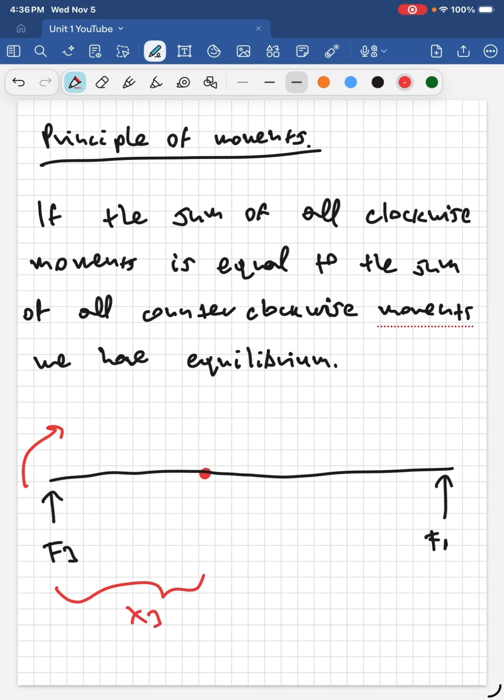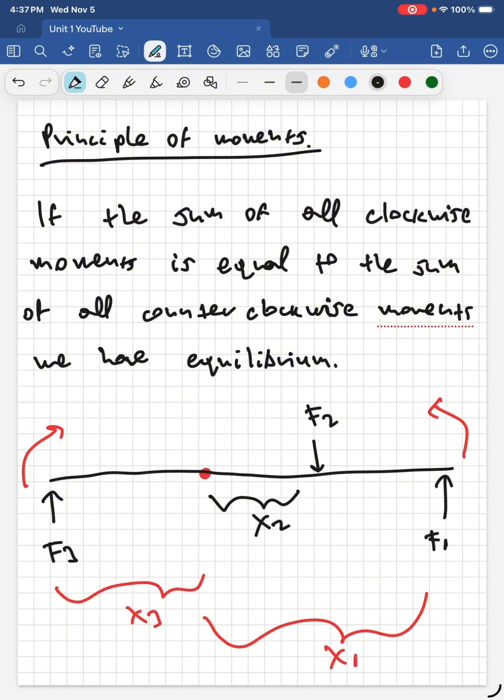Then I have a force F3 at the distance x3. And then I have a force F2 at the distance x2, which also wants to turn the object clockwise.